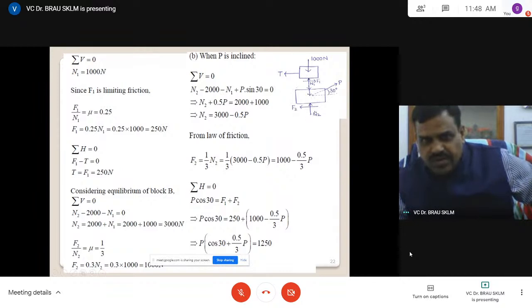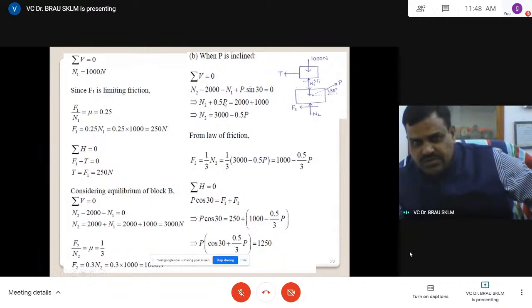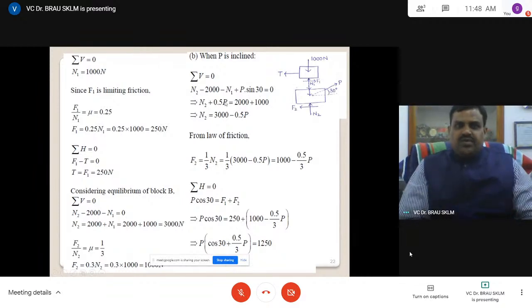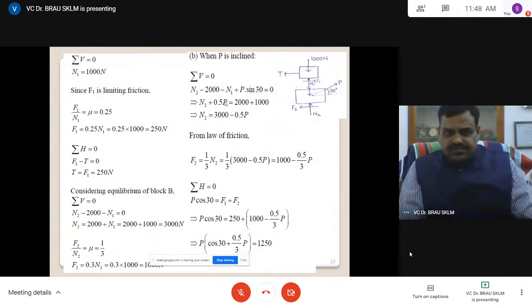N2 upwards, positive, N1 downwards, negative, 2000 newtons downwards, negative, and P sin theta upwards, positive. From this, by this time N1 is known to you, substitute. N1 plus this 2000, this is the value, equals N2 plus P sin theta. Sin theta is 1 by 2, that is 0.5. From this N2 can be determined in terms of P.